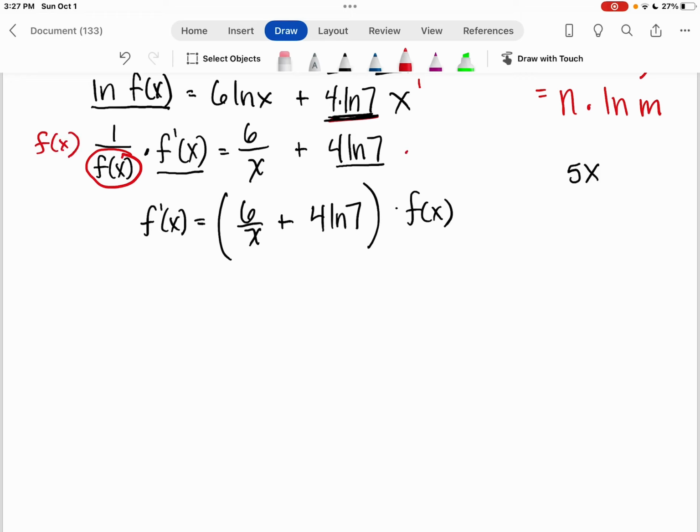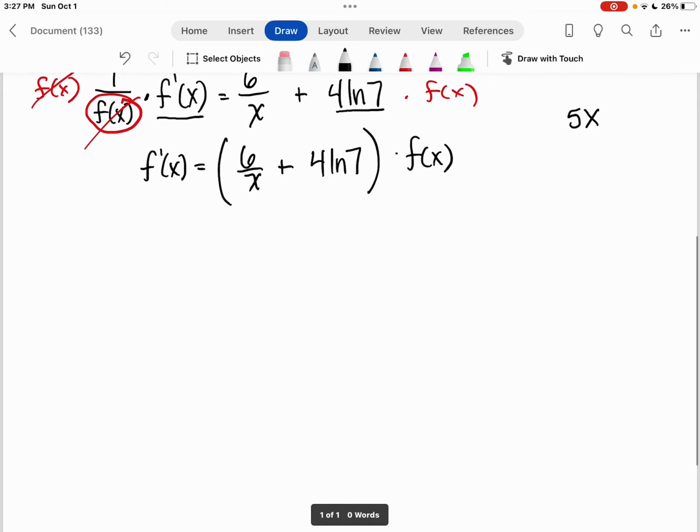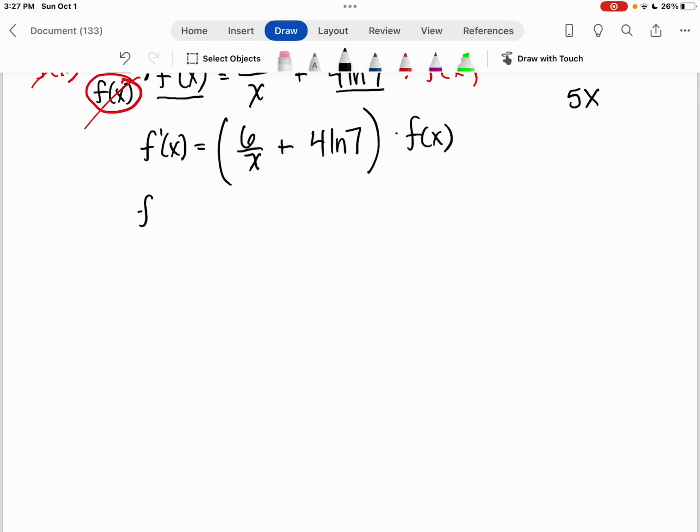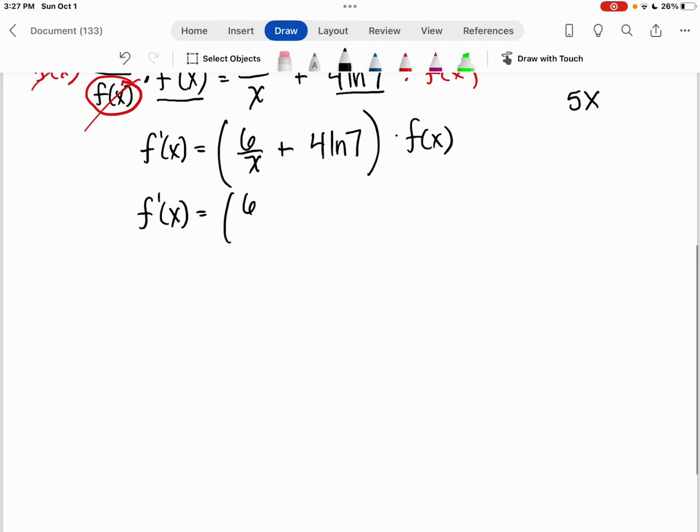So I'm just multiplying both sides by f of x like this. So then these disappear. Now, f of x, that was the function that we started with, which was x to the 6th times 7 raised to the power of 4x.